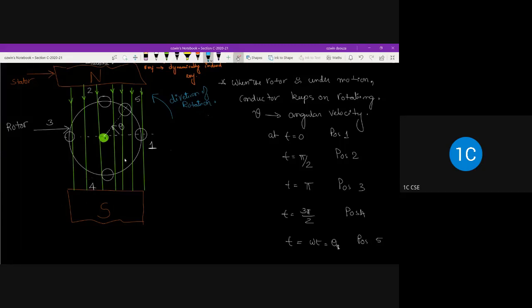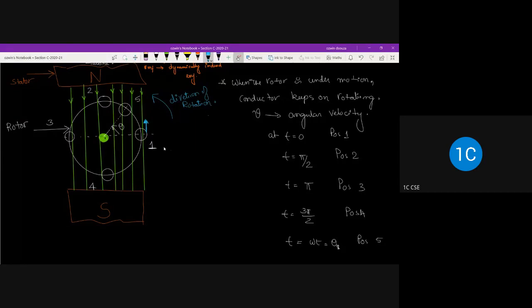Now, at position 1, the tendency of motion is something like this. The conductor tries to move in this direction, that is straight upwards.